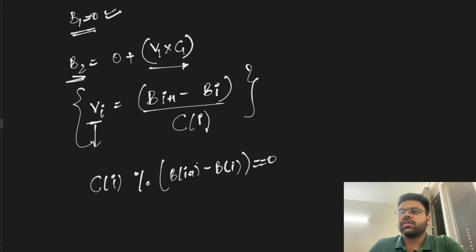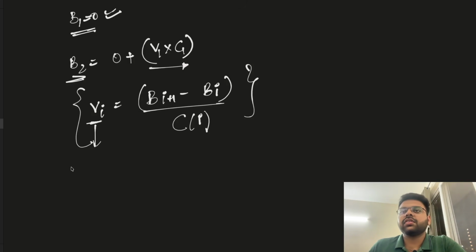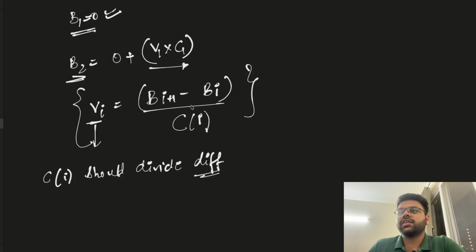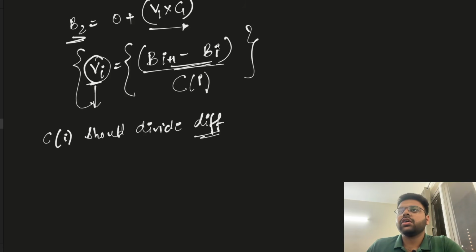Or we could simply say c of i should divide this diff. Let's define it as diff only. Then for each v of i, if you know these values, you can easily find v of i.